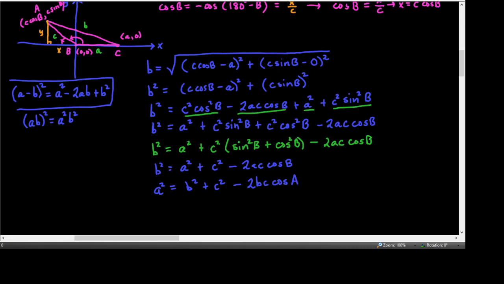And the last one I might write is c squared is equal to a squared plus b squared minus 2ab cosine c.